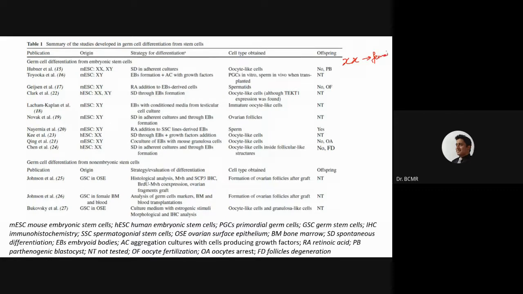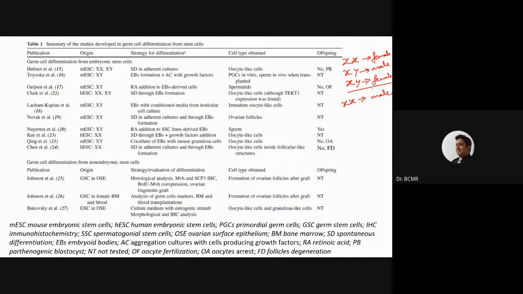It will become a female. XY, can it become a male? You'll also see a pattern here. XY can become female-like, but you would not find any XX, a female, giving rise to a male.